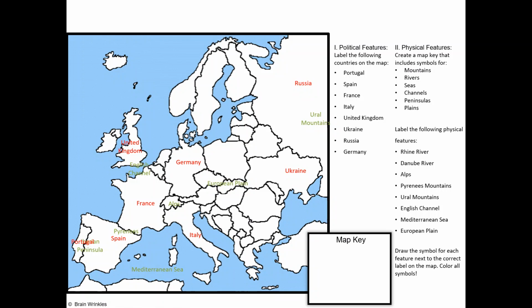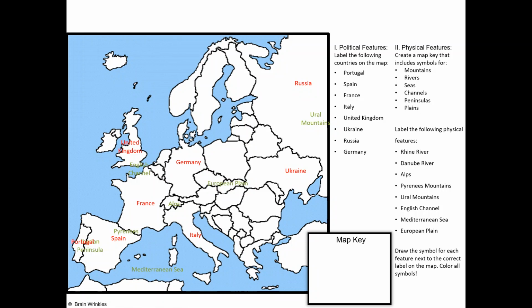And we actually double checked by looking at the political map. And I asked you guys to look for certain mountains. And we were not able to locate any of the mountains because mountain, river, all these things are physical features. These are physically there. Political features, they're man-made borders and things like that.